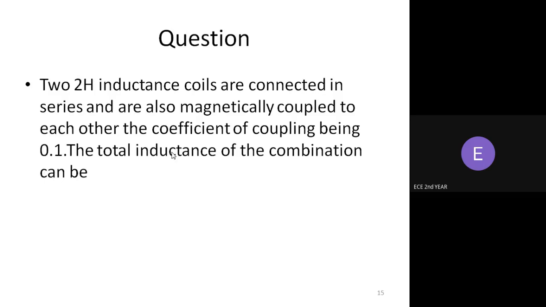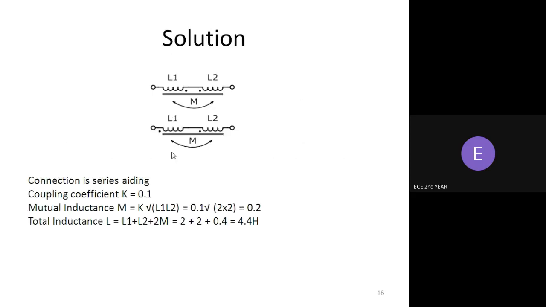Finally, we need to calculate the total inductance of this series combination. Here L1 is coil 1 and L2 is coil 2, with the value of 2 henries, and we need to calculate the mutual inductance between these two coils.